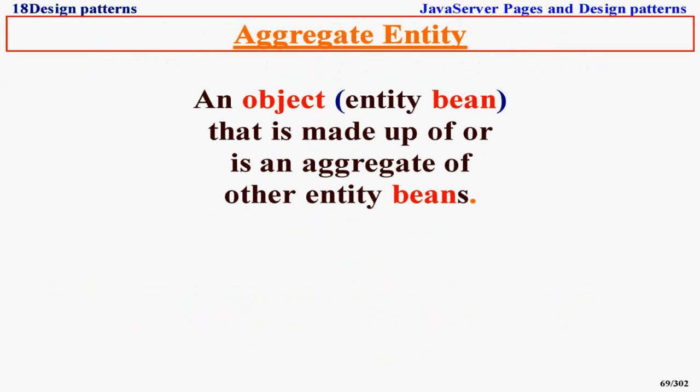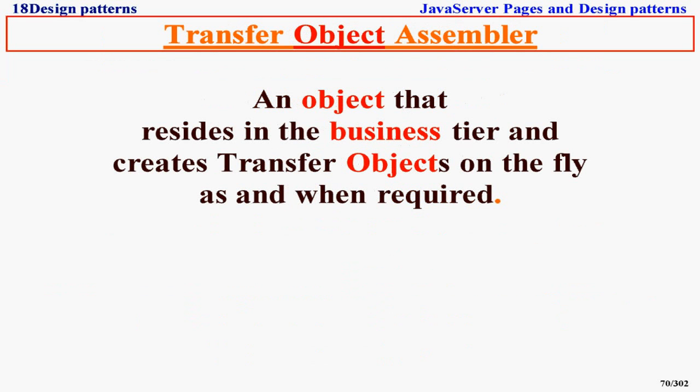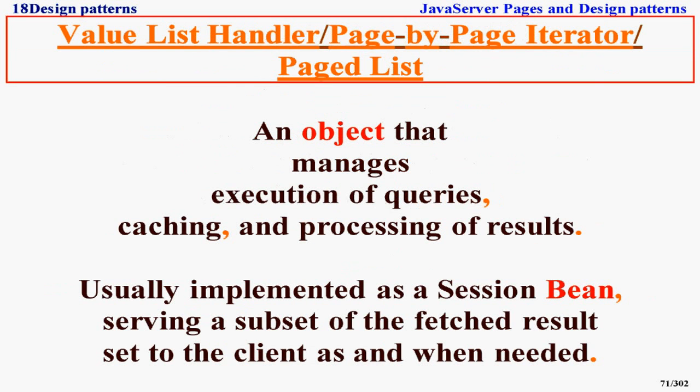Aggregate Entity: an entity bean that is made up of, or is an aggregate of, other entity beans. Transfer Object Assembler: an object that resides in the business tier and creates transfer objects on the fly as and when required. Value List Handler: a page-by-page iterator, an object that manages execution of queries, caching, and processing of results.